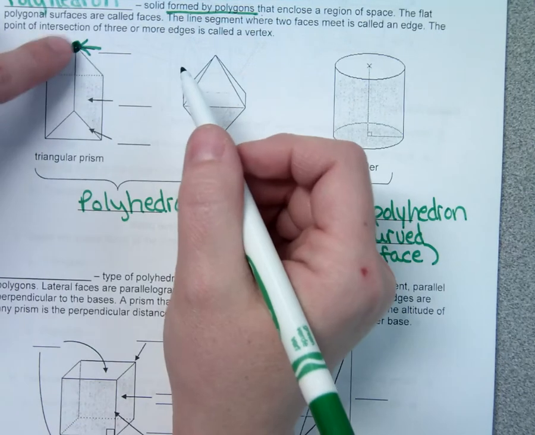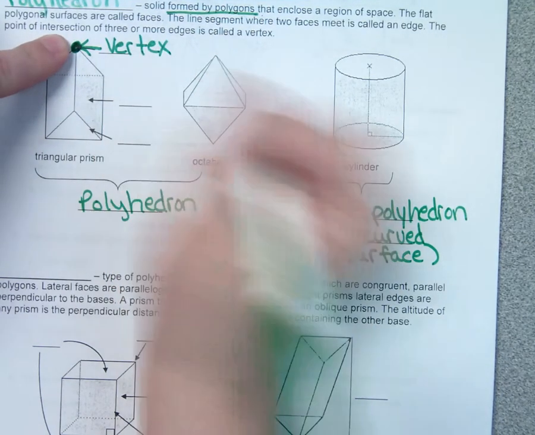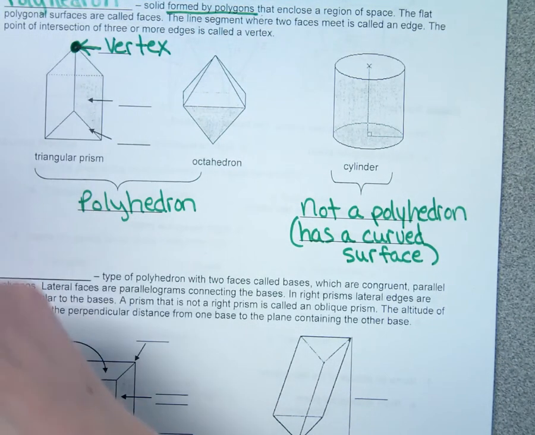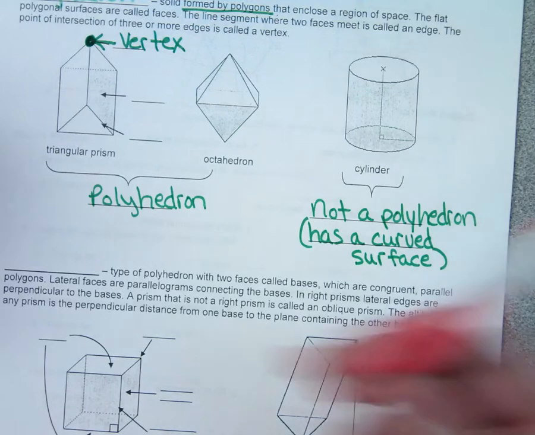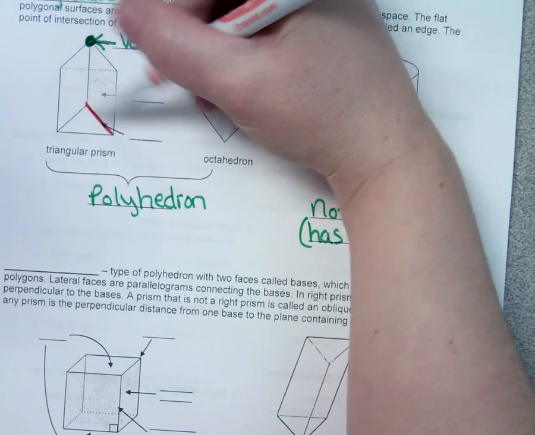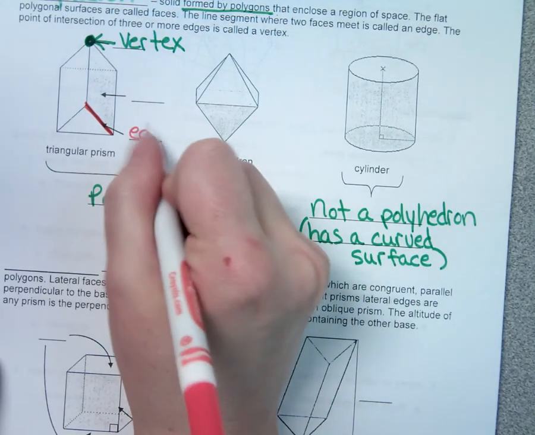Okay, this guy right here is called a vertex. It's where your 2 sides come together, or 2 edges come together. That's a vertex. Okay, this piece right here, this is an edge. That's where your 2 faces come together. So this is called an edge.